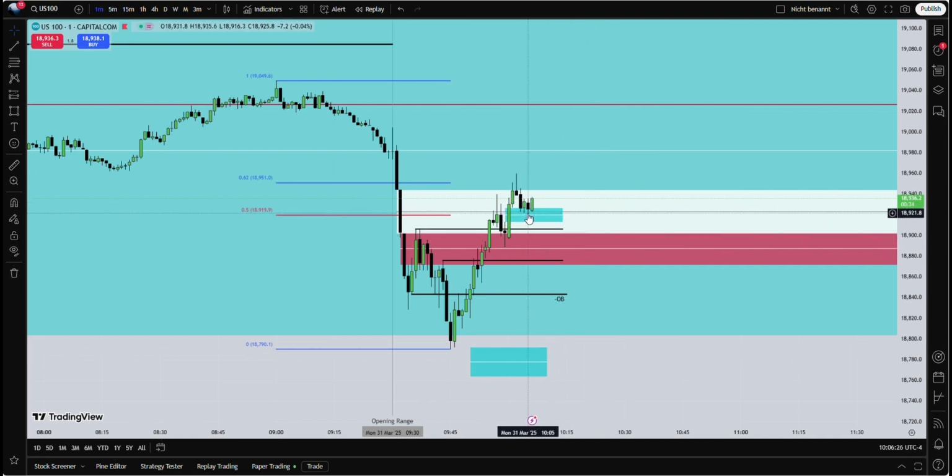So it seems like it respects its 50% level, and it's also trading down to that 1 minute fair value gap here, to that 1 minute bullish order block, which has an imbalance, a displacement with an order block. So this is a valid 1 minute bullish order block. So let's see what price is gonna do.